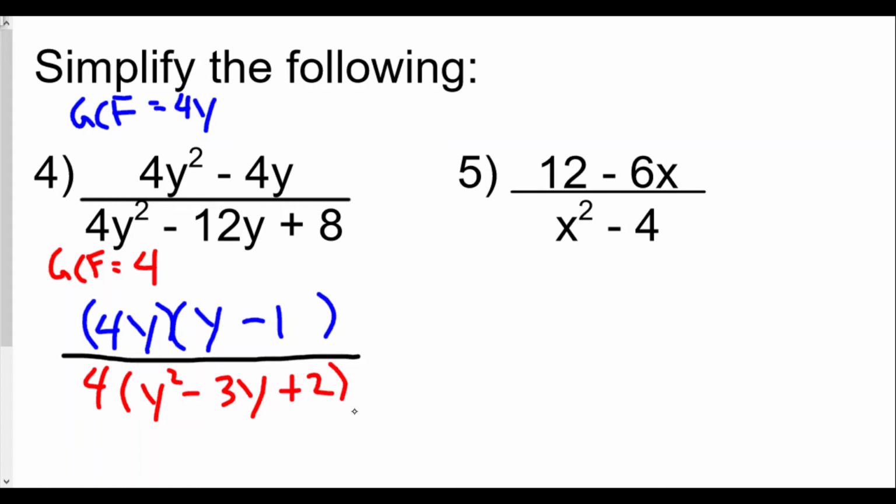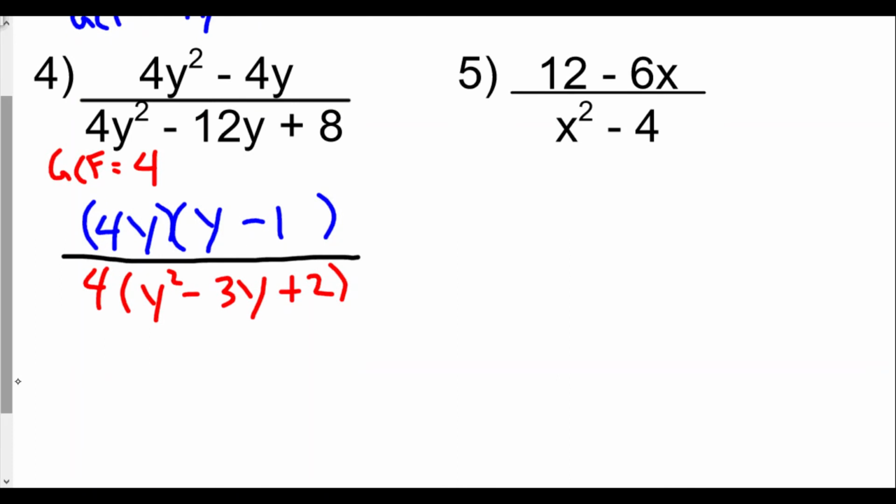But now we have to say, can we factor any more? And the answer is yes. So now we have 4, then two numbers that multiply to y squared, which is just y and y. Two numbers that multiply to 2 and add to negative 3 will be negative 2 and negative 1.